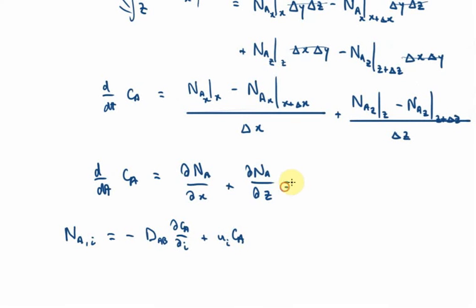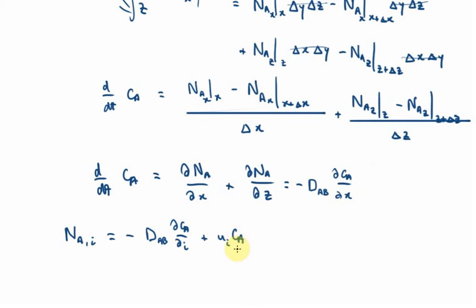We can say, okay, this first term in terms of the X direction is really about diffusion. So this becomes minus DAB dCA/dx.